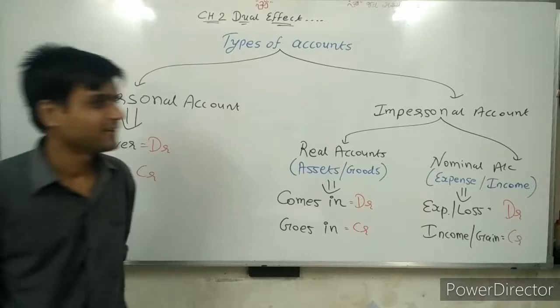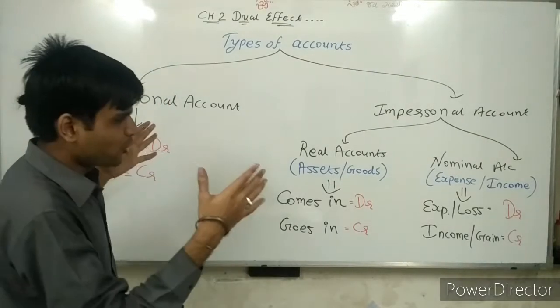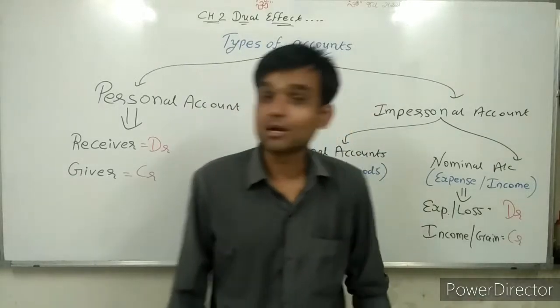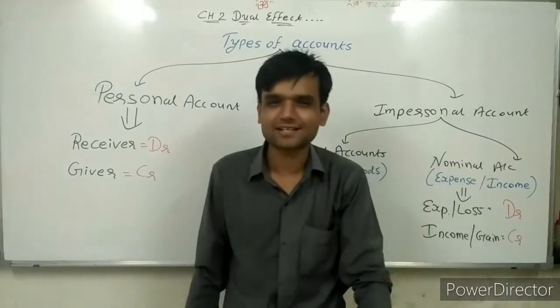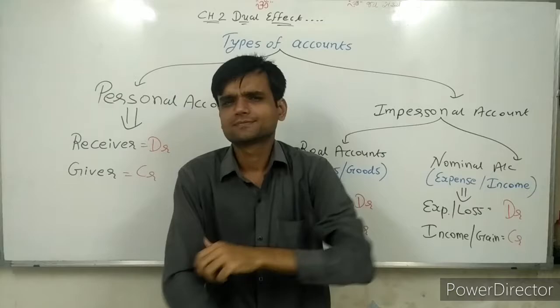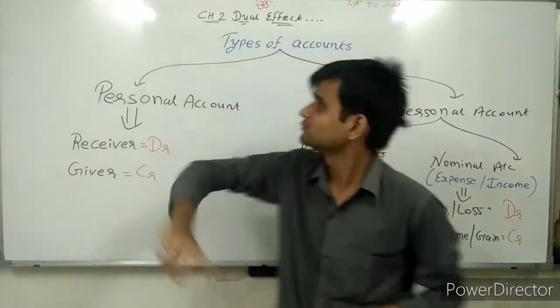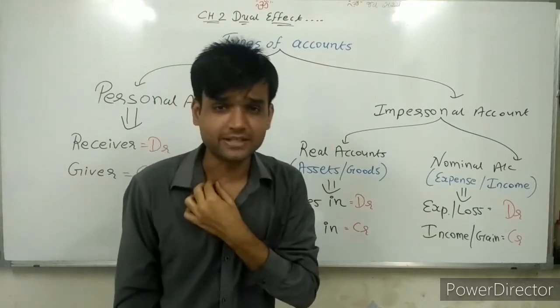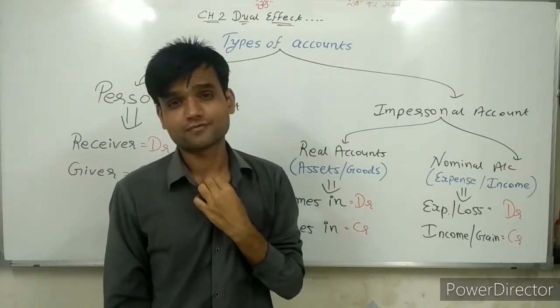Now today we are going ahead for accounting rules. But what we have done up to this lecture, just try to understand. Chapter number 2, dual effect of transactions and types of account.